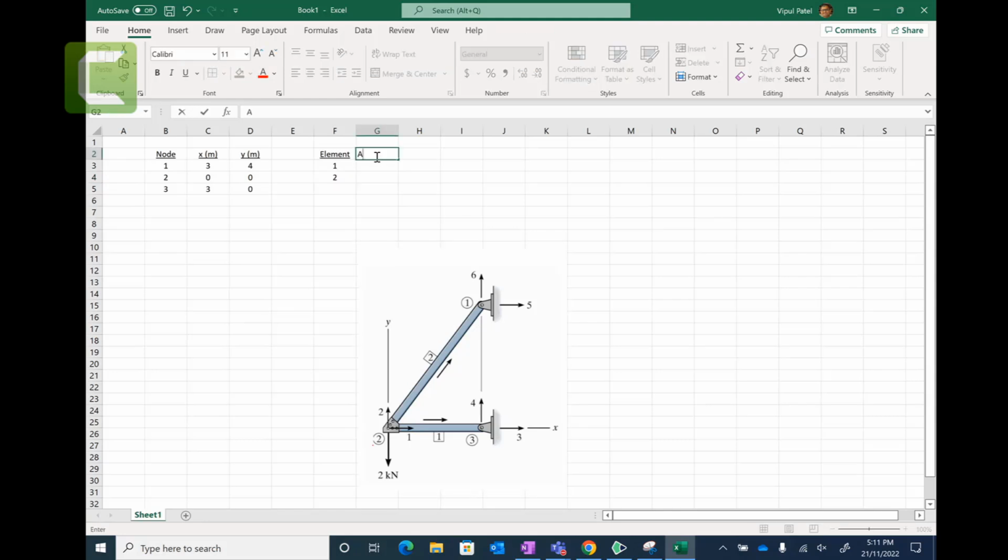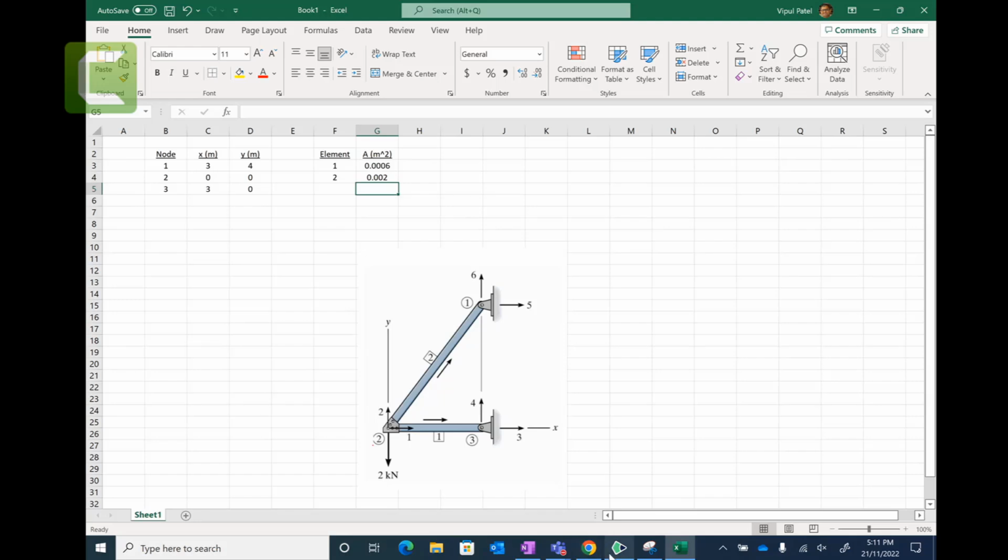Area of element number 1, let's say in meter square, let's say 0.006, and 0.002. I think it's given in our examples somewhere.